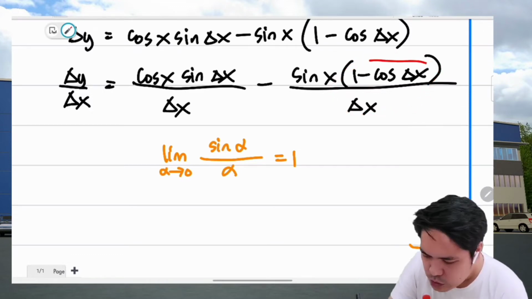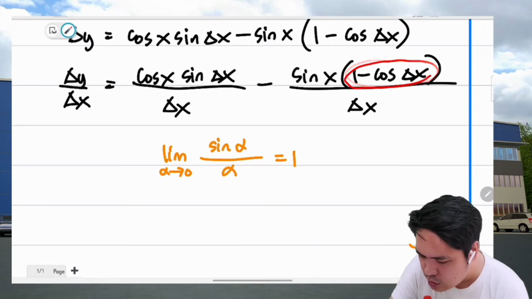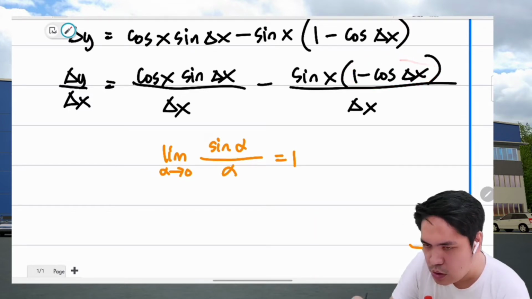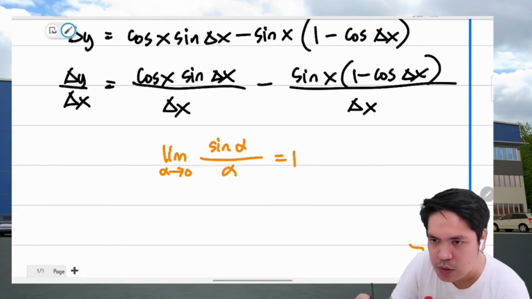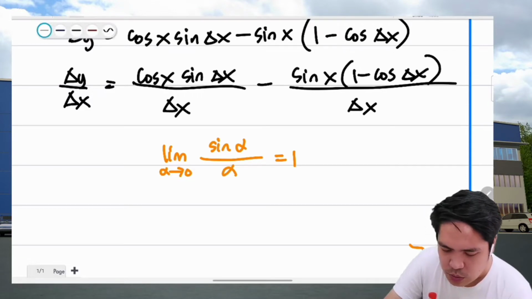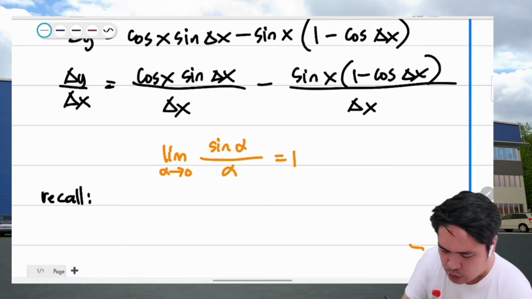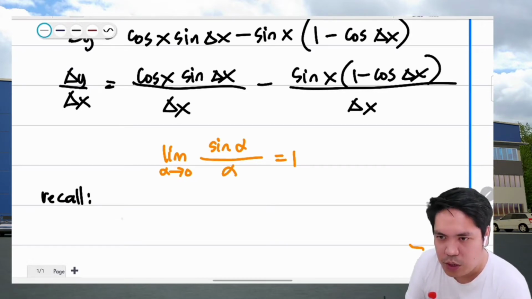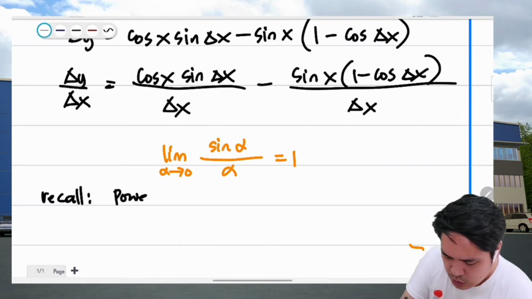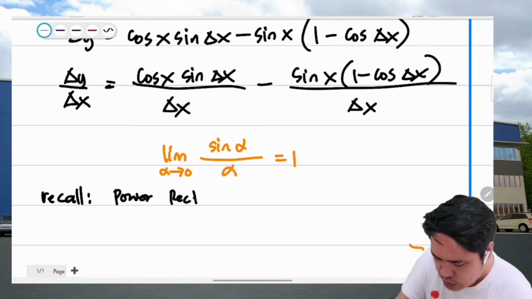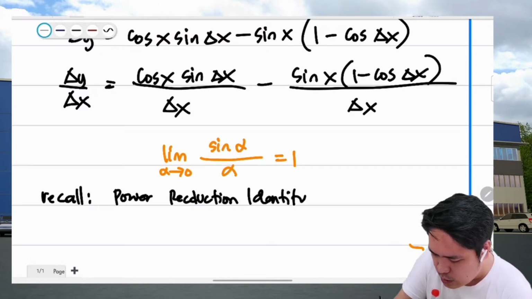If you recall, this resembles one of the identities that we know in trigonometry: the power reduction identity for sine.